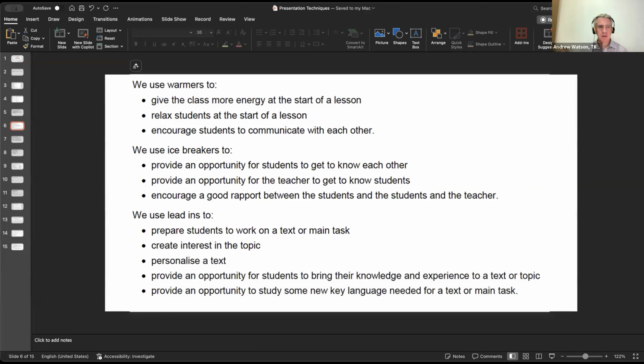Okay. So I need you to look at the worksheet now. Here are a bunch of introductory activities. And you need to figure out what type of introductory activity it is.